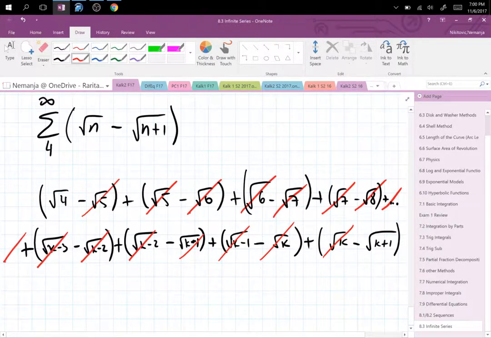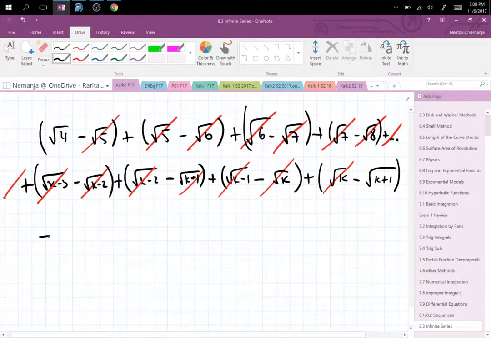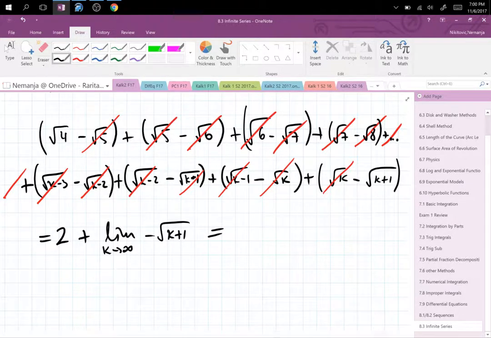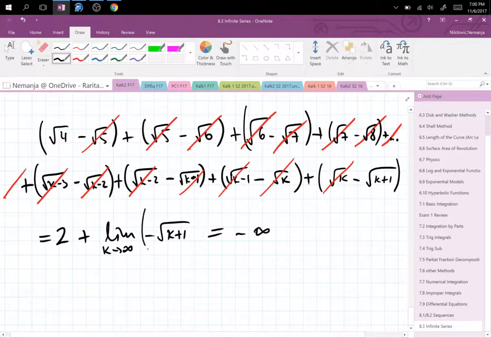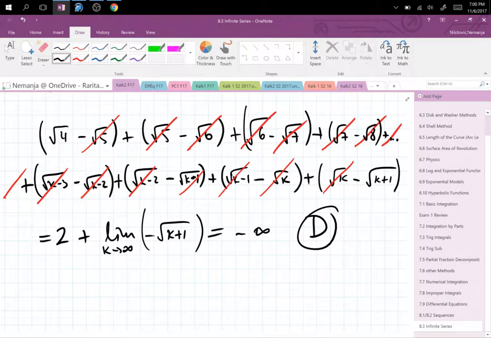So what's left is 2 plus the limit of negative root k plus 1 as k goes to infinity. And this is exactly divergent. It's divergent. The limit gives us infinity. The square root of infinity is infinity, so divergent.